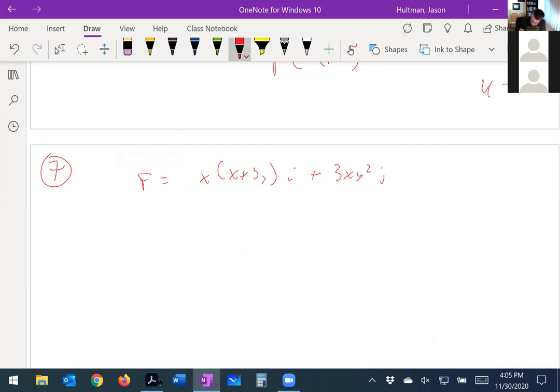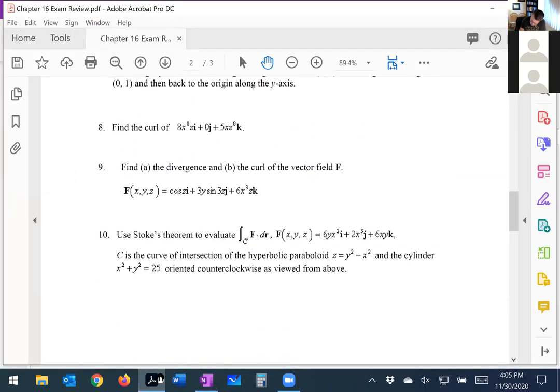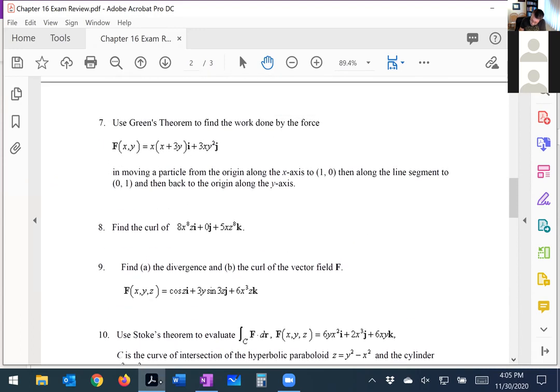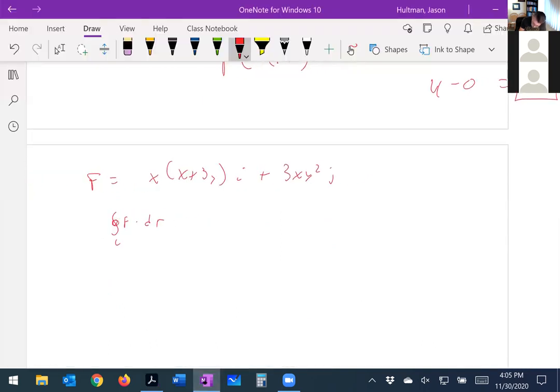I want to know what's the work done for the line integral. Use Green's theorem to find the work done by the force, and we're positively oriented. How do I know? Because I'm going around this triangle.